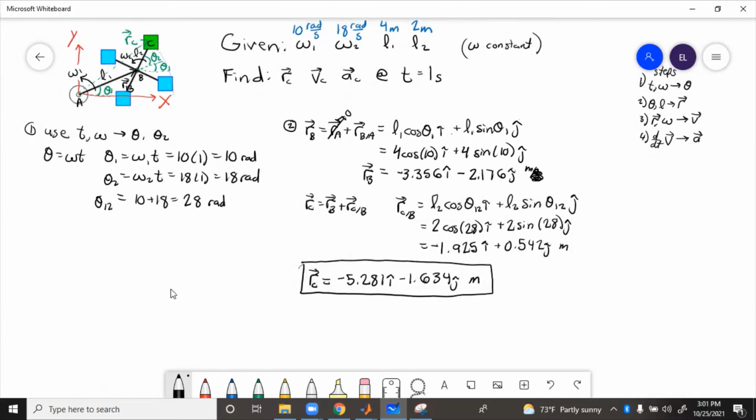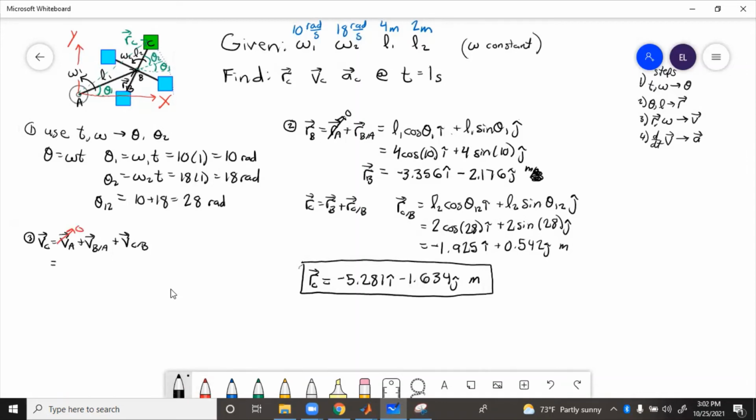Next we need to get velocity. For this, we'll first find velocity of B by taking the derivative of RB, and then we can find the velocity of C with respect to B. Velocity C equals velocity of A plus velocity of B with respect to A plus velocity of C with respect to B. Velocity of A is just 0, because A is not moving.